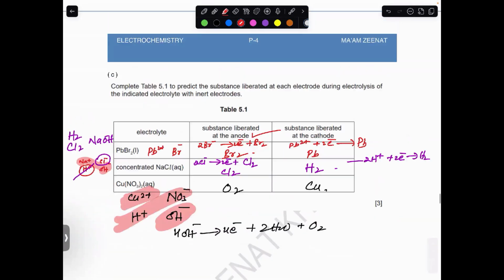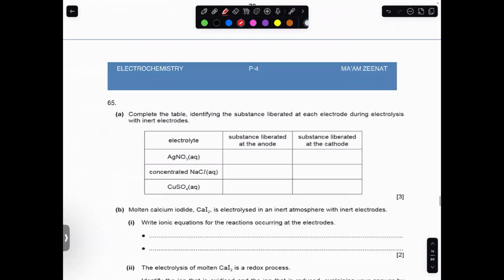Again, this is silver, nitrate, H plus, OH. So it is Ag that is lower. Silver metal, and from OH, oxygen gas, and HNO3 is left.